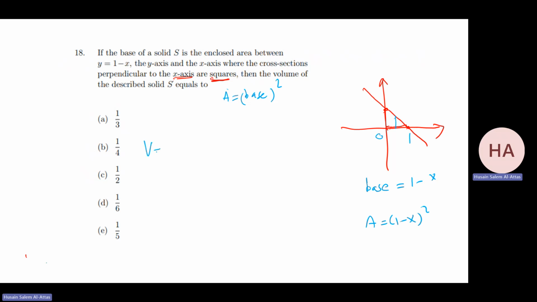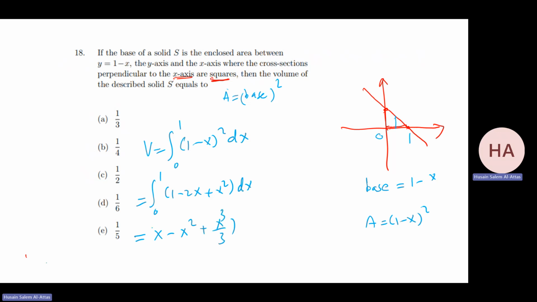So the volume is the integral from 0 to 1 of 1 minus x all squared dx, which is 1 minus 2x plus x squared dx. That gives me x minus x squared plus x cubed over 3 from 0 to 1. So it's 1 minus 1 plus 1 over 3 minus 0, so it's 1 over 3.